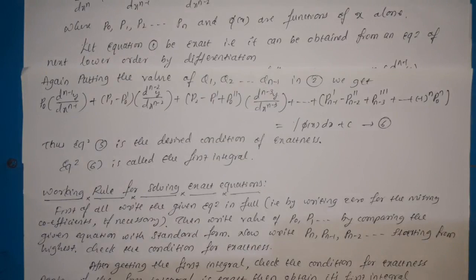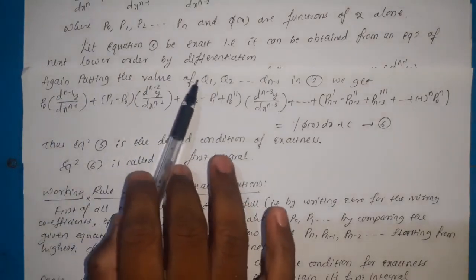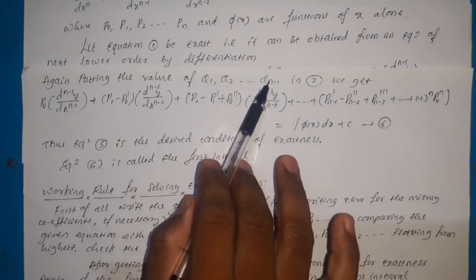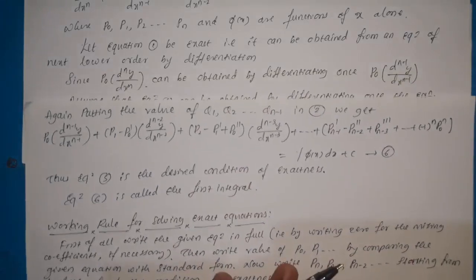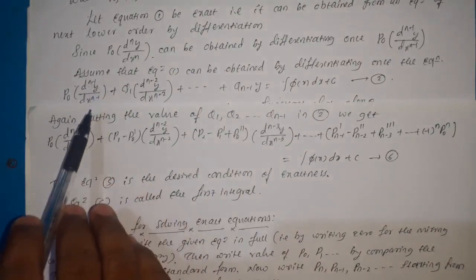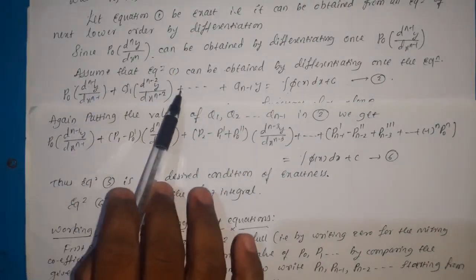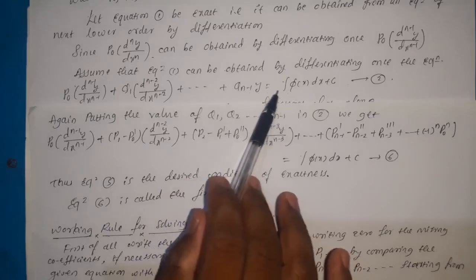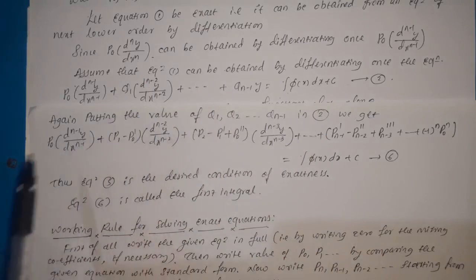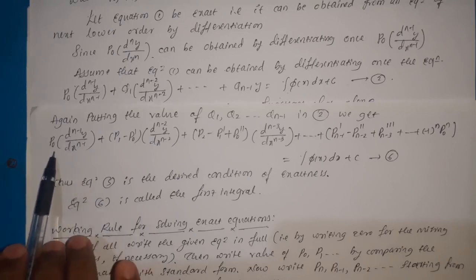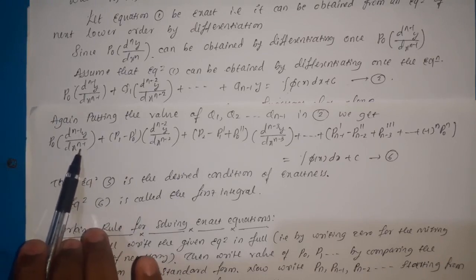Next, putting the values of q1, q2 and so on up to qn minus 1 in equation 2, we get the second equation: p naught d power n minus 1 by dx power n minus 1, q1, q2, q3 and so on up to qn minus 1, y equals the integration of phi of x dx plus c. Because we have changed all q's in terms of p, substitute all those values in this equation. First one will be p naught d power n minus 1 by dx power n minus 1.